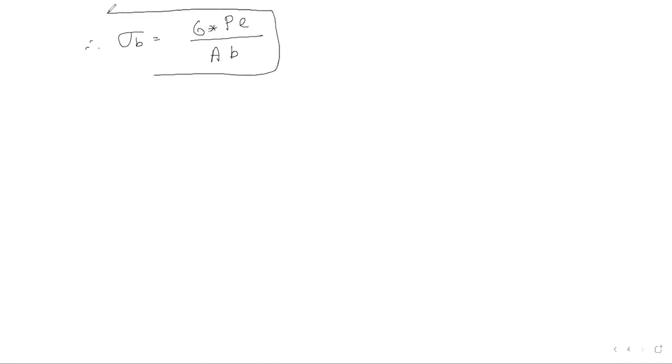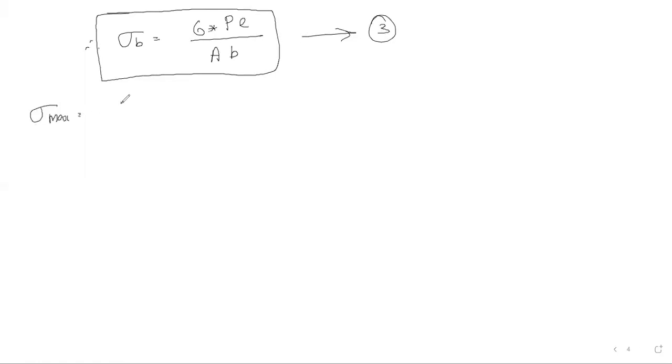Okay, so therefore sigma b is equal to 6 into force into eccentricity, P e, divided by area into breadth. Okay, so this is the value of sigma b. Now this is equation number 3 we can take.